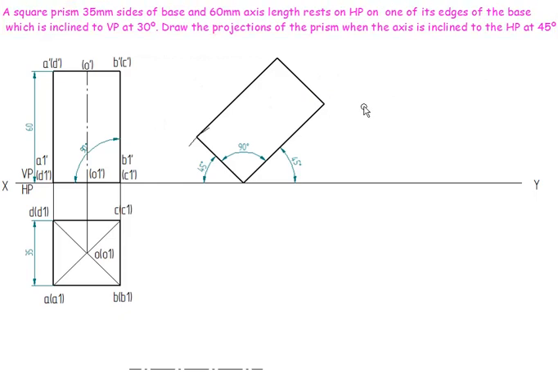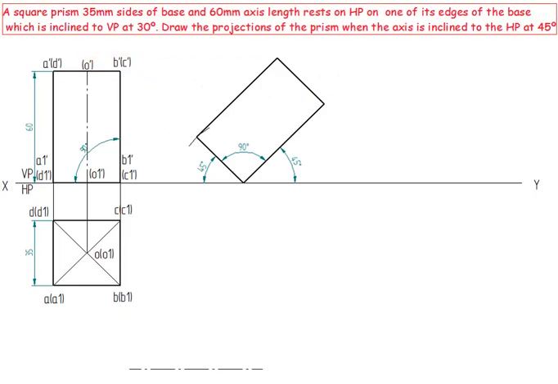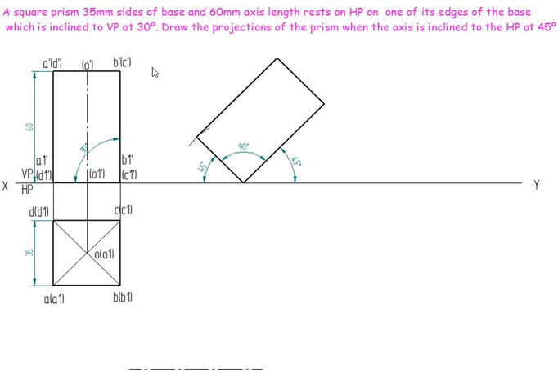Next, I am going to take the distance from B dash to O dash, that is equals to 35 divided by 2, 17.5. So I'll go for arc by center point. I'll select a compass and the radius is 17.5. I'll draw a line. Similarly, move the compass here 17.5.